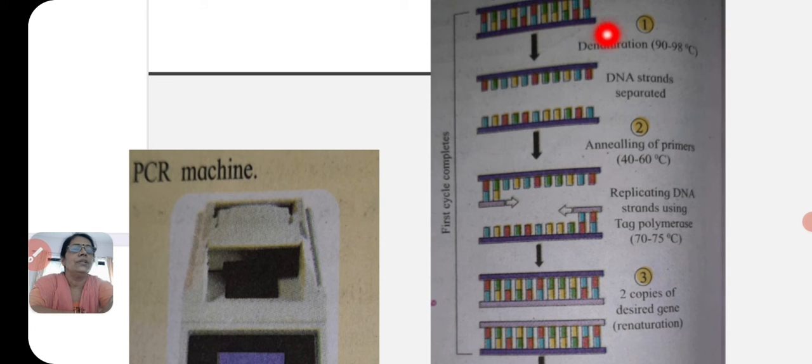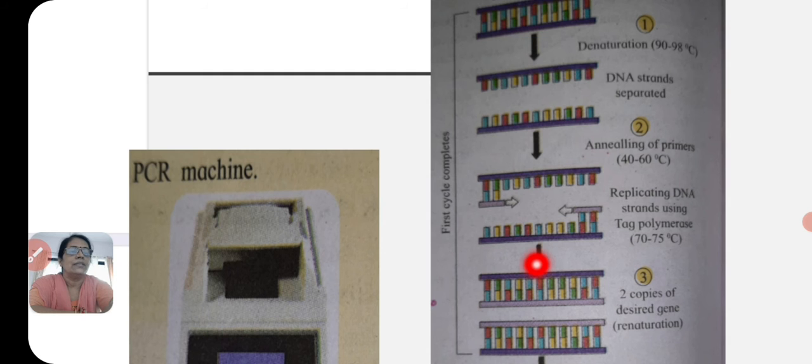Denaturation means due to the heat, near about 90 to 95 degrees Celsius, the two DNA strands get separated. Annealing means the forward primer and the backward primer are joined on the single strands. Extension means the nucleotides get attached to that primer and two copies are produced.